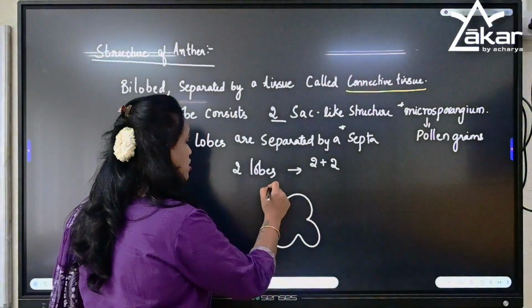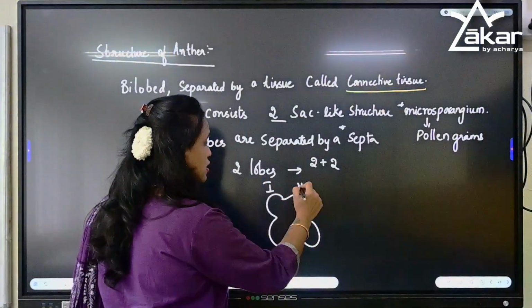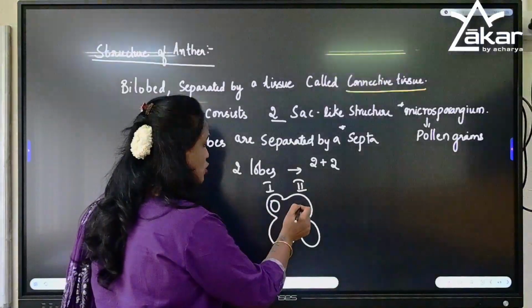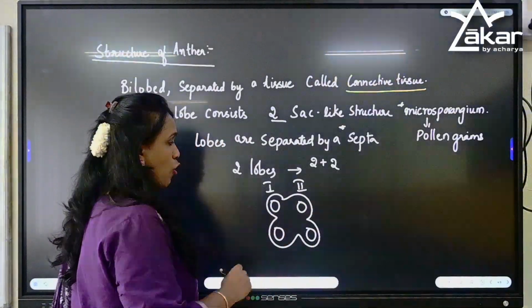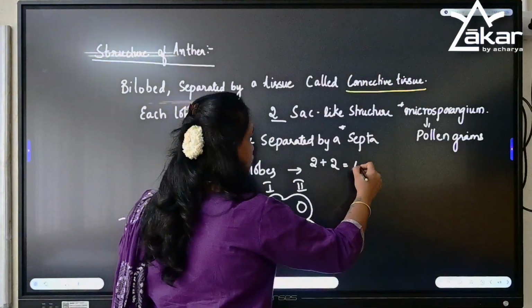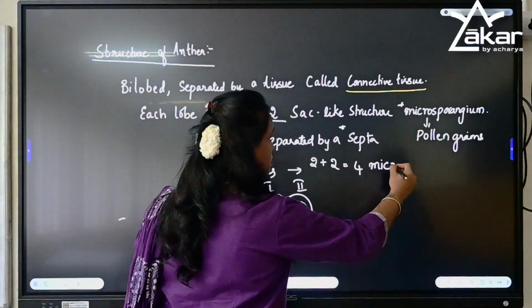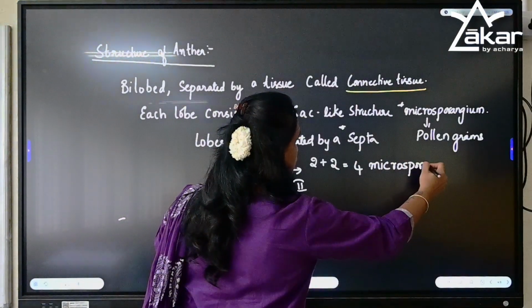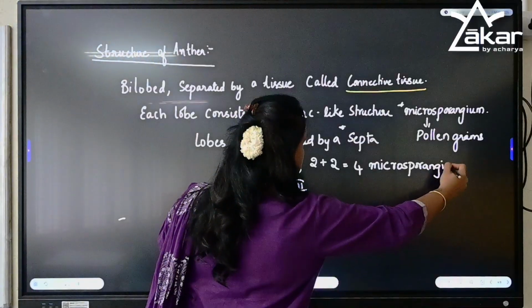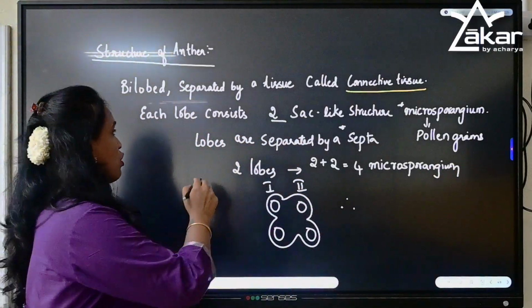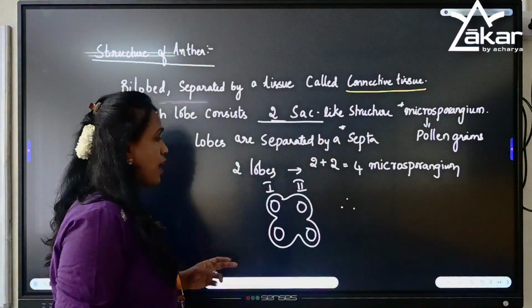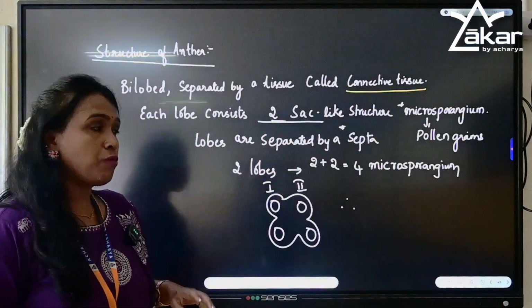Let us say this is one lobe, this is the second lobe. Here 1 microsporangium, here 1 microsporangium, here 1 micro. Totally how many microsporangium we have? 4 microsporangium. Hence we call anther is dithecous because it is having 2 lobes and also has 4 microsporangium.